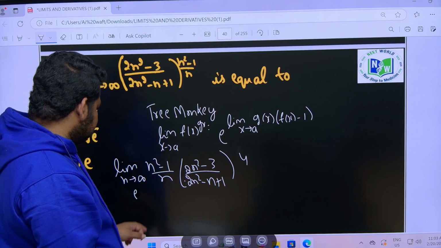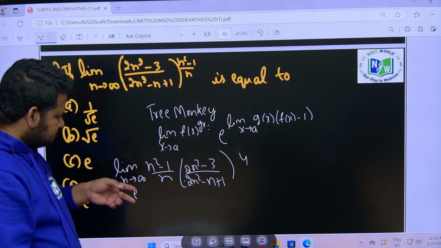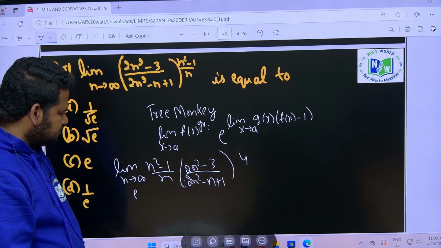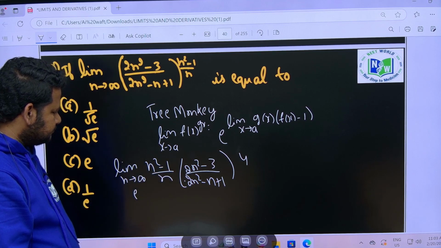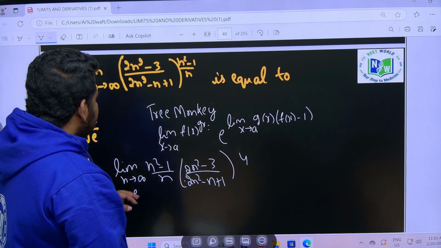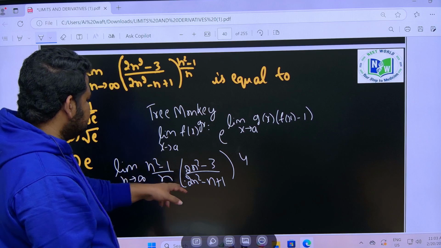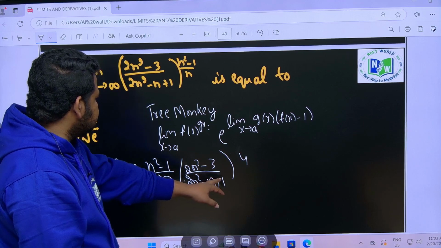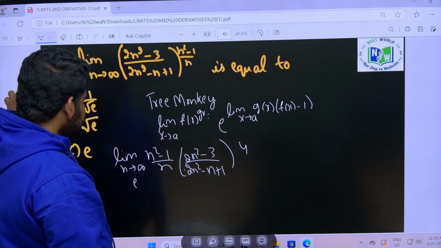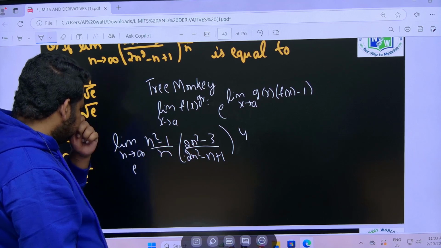If we multiply, this will be n cube, and this will also be n cube. I think there is some mistake in the question. Either this should be n, or this should be n cube.